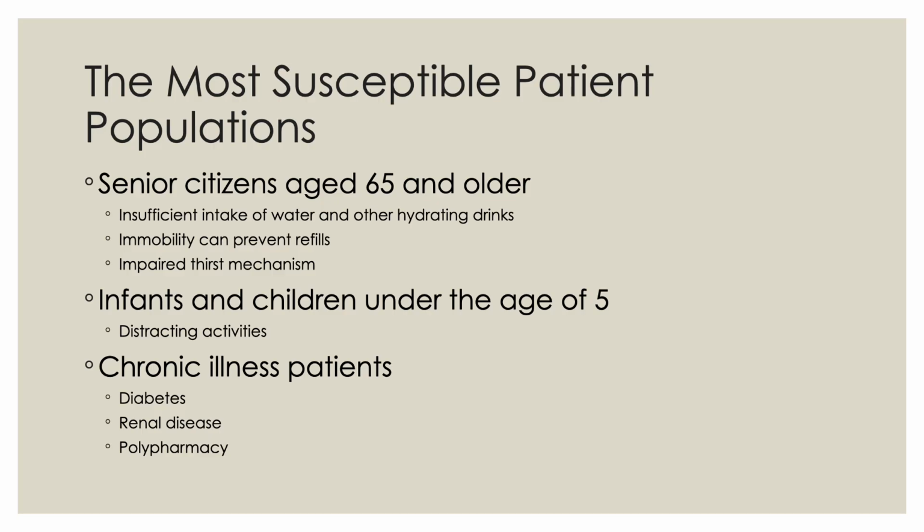And so for people of all ages, right? And we say infants and children distracting activities, they're playing outside. But we also have 20 and 30-year-olds playing outside, right? You're playing basketball, you're playing tennis, you're doing things outside in the heat.